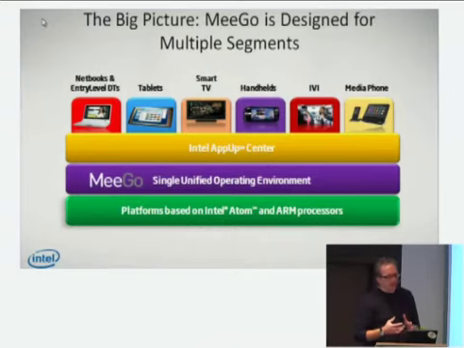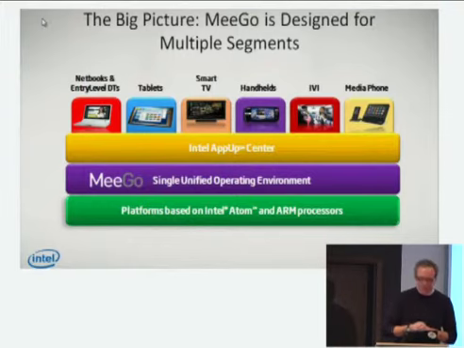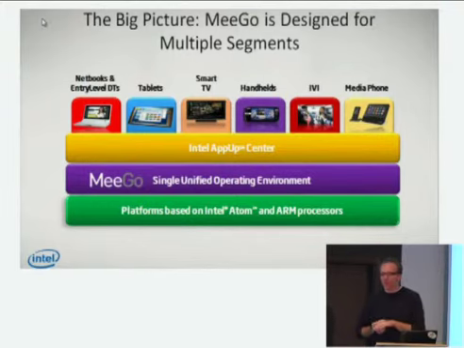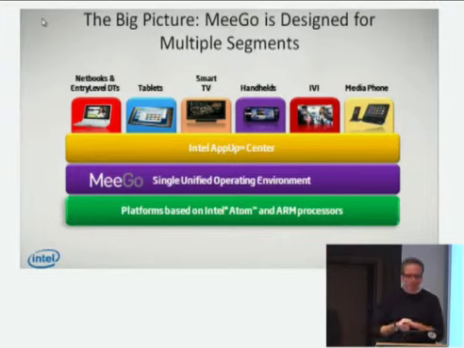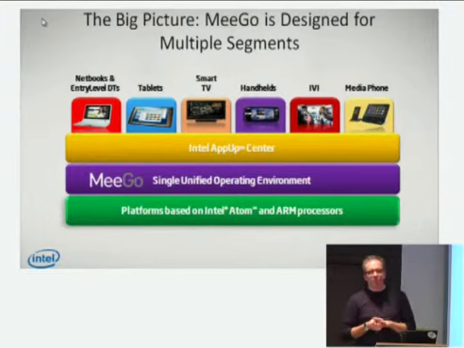So MeeGo is designed for a set of segments that often are described as being mobile. I always laugh about this, and the reason I laugh about this is that one of the first MeeGo products in the market actually is a set of TVs. And when I think of MeeGo, 52-inch TVs usually don't enter that picture.